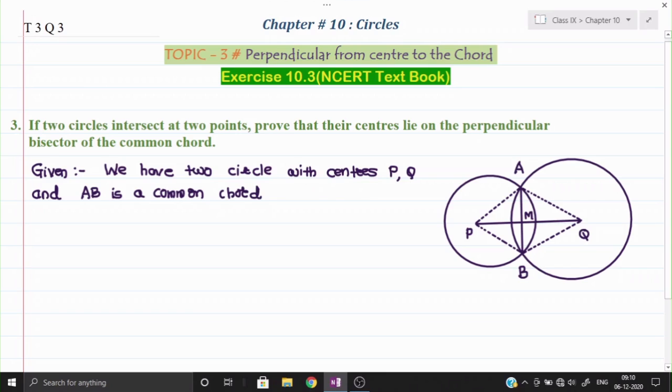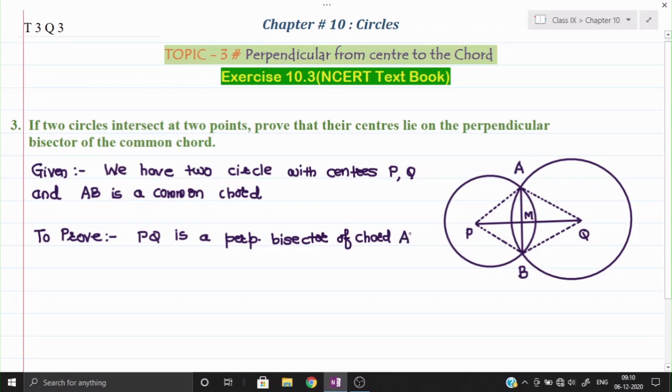Now we will write down here to prove. So what we need to prove? We are going to prove PQ is a perpendicular bisector of chord AB.